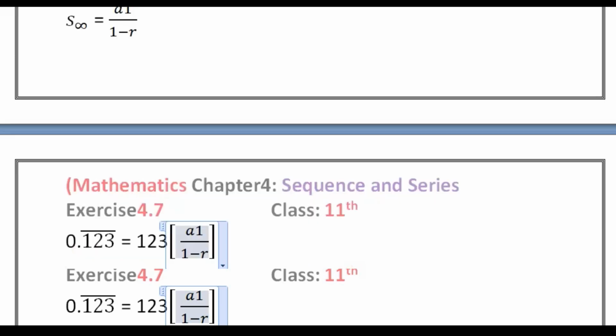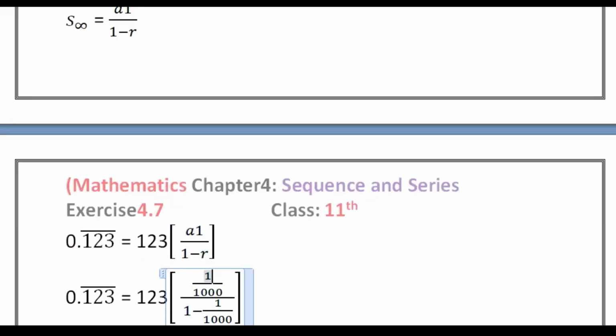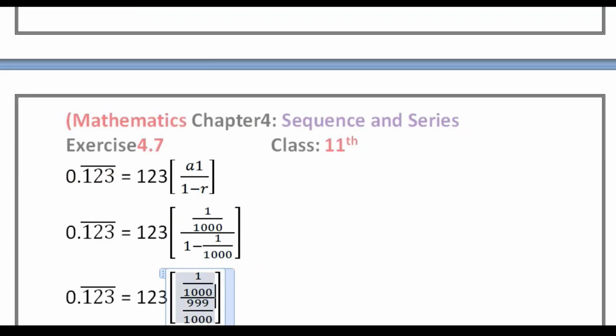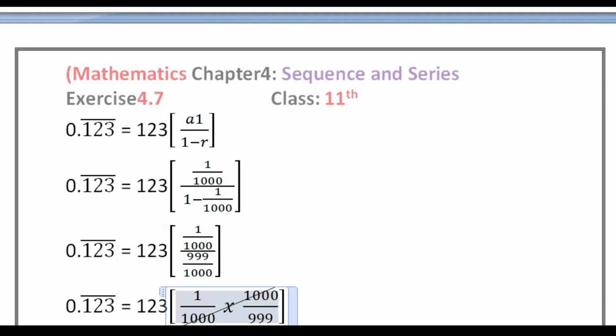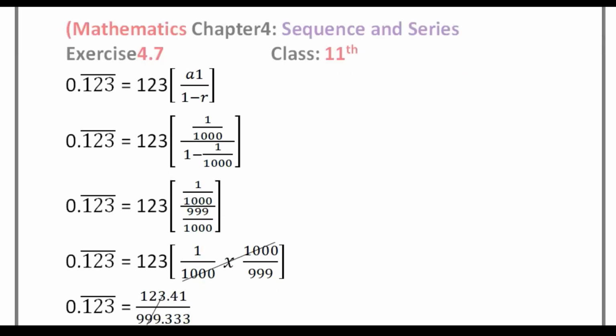By putting the values, A1 is equal to 1 divided by 1000, over 1 minus the value of R, which is 1 divided by 1000. So taking the LCM of the denominator, that is 1000 minus 1, which is equal to 999 divided by 1000. Taking it in the numerator form, by cross multiplication, 1 divided by 1000 multiplied by 1000 divided by 999.